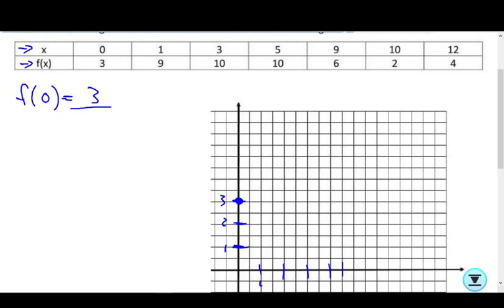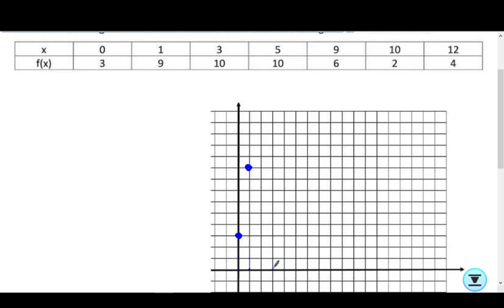I guess I should actually do it this way, since I know that I'm going to be going up to 12. Do those by ones. So my next piece of data is 1, 9. Let's redo this. So 0, 1, 2, 3 is right here. 1, 1, 2, 3, 4, 5, 6, 7, 8, 9.